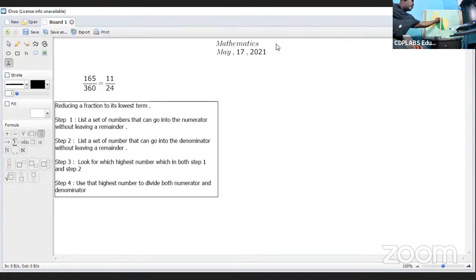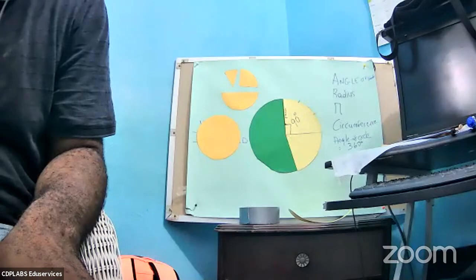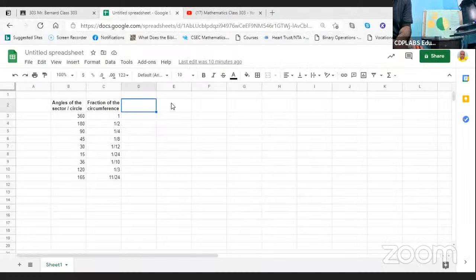Now, the length of my radius, as I told the last class, is 13 centimeters. And let's just put it on the Excel sheet for ease of calculation. All right, so we're going to be looking at finding the length of the arc now.